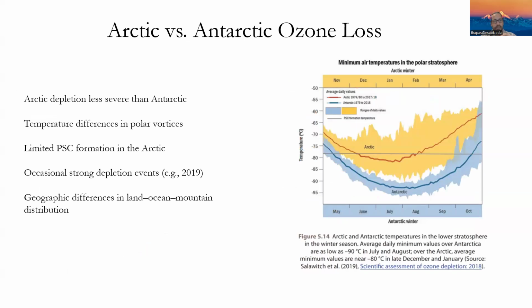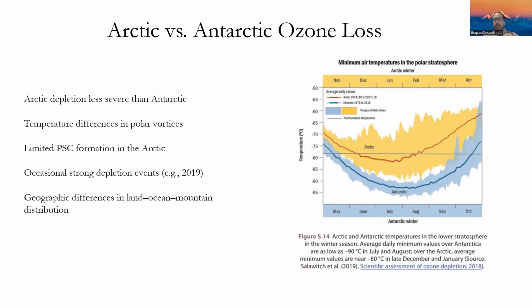Although similar chemical processes occur in the Arctic, ozone depletion there is generally less severe compared to the Antarctic. The difference lies in the temperature. As the figure shows, Antarctic winters are colder and longer, allowing polar stratospheric clouds to persist for months, while Arctic conditions rarely reach such extremes.